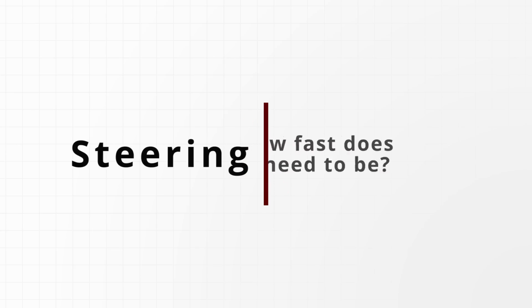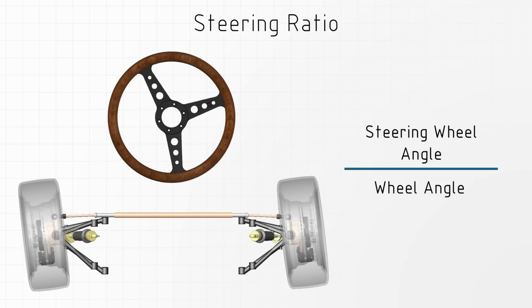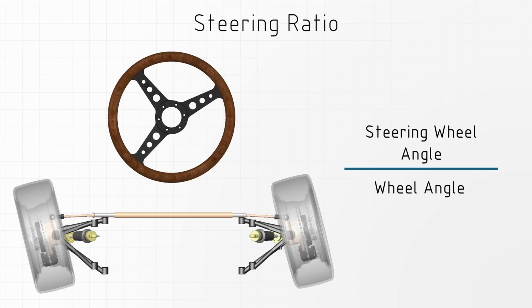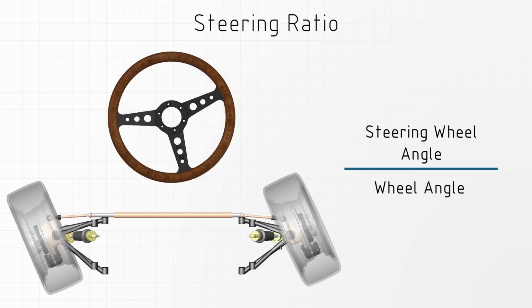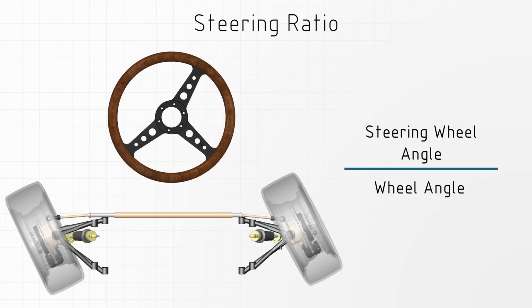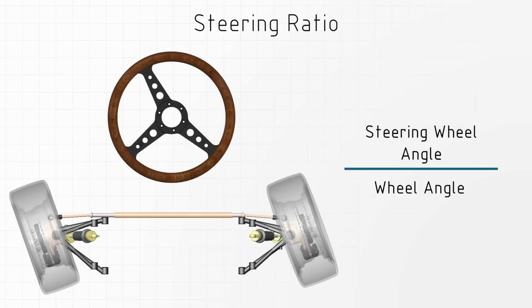The second issue around steering that I'd really like to consider in this video is the rate of steering. And this is going to be the ratio from the steering wheel to the steered wheels. A low steering ratio is going to be quite responsive. A high steering ratio is going to be a car that is less sensitive to movements.